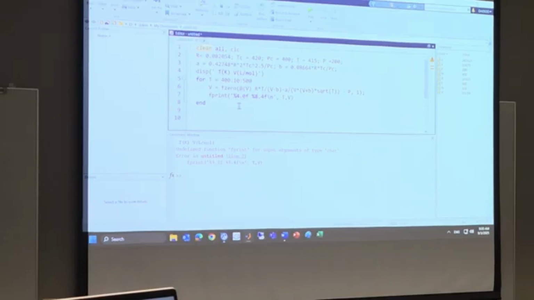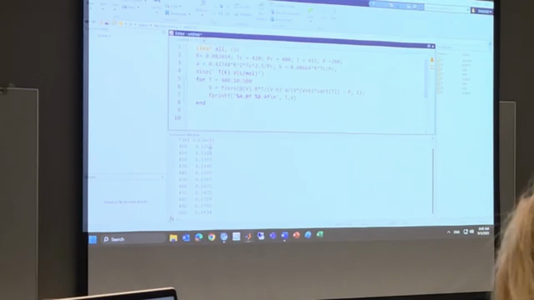You need to have fprint f with f. Wonderful, thank you. So we can get the specific volume of one component as a function of temperature. Yes? We were looking for 415 K, which was 0.1333 something.